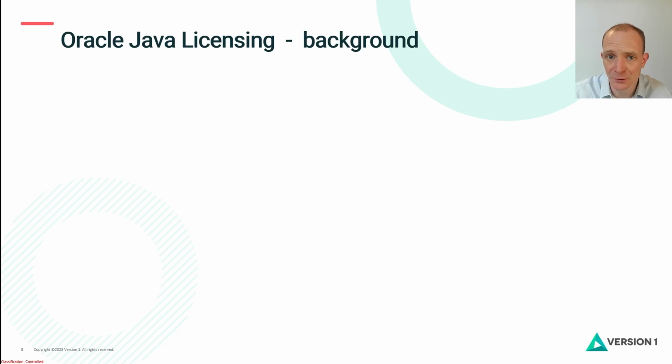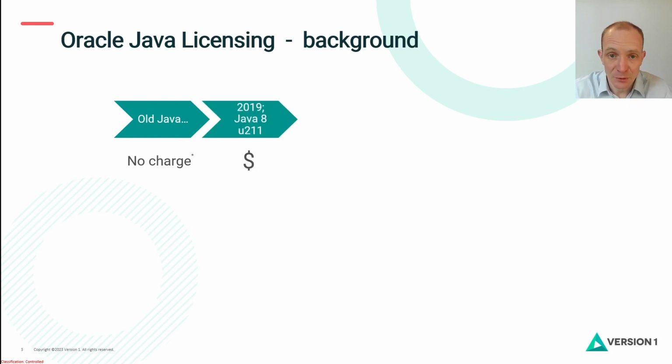A bit of background on Oracle's Java licensing, which has changed over the last few years. Previously, you could think of Oracle Java as being free or no charge. There were some caveats to that. There were some understandings and misunderstandings about the rights, but most people had the opinion that old Java has always been free. In 2019, Oracle introduced a change whereby a subscription will be required for certain releases of Java 8 onwards.